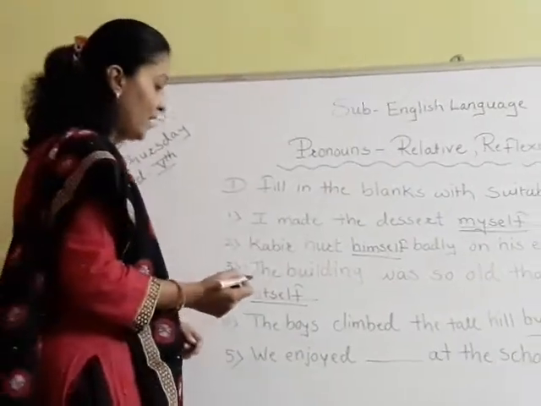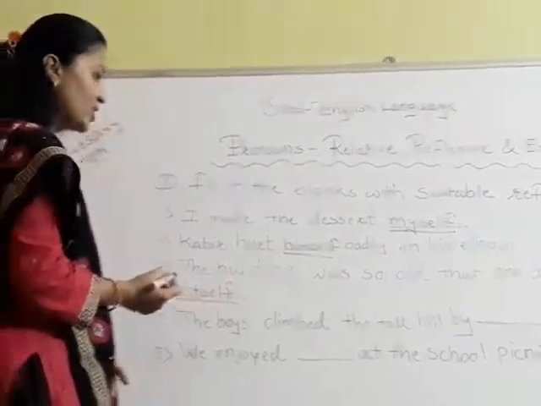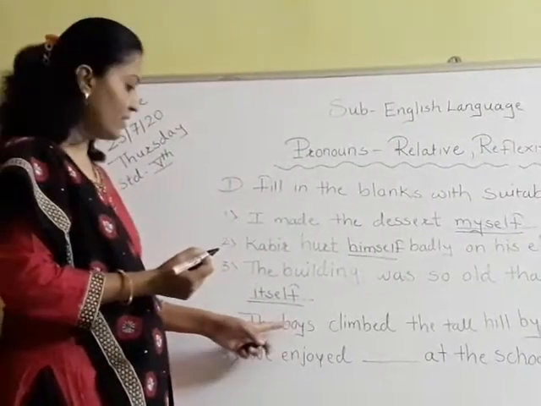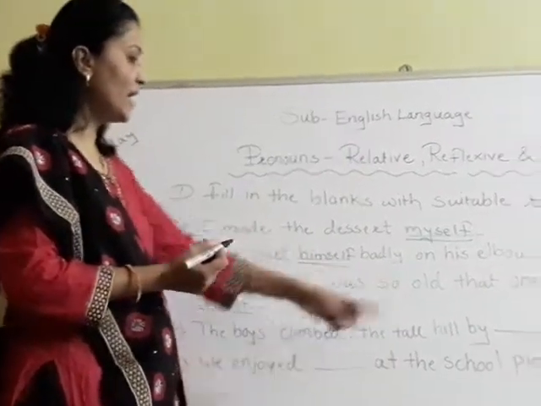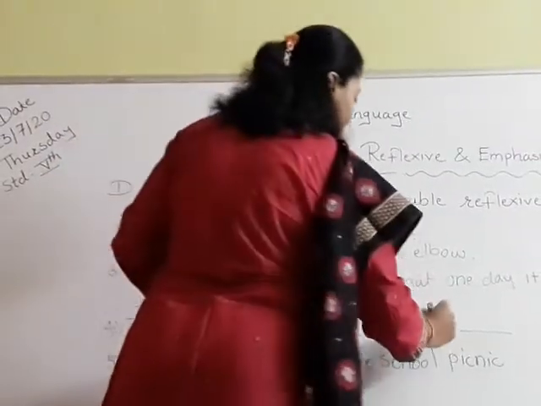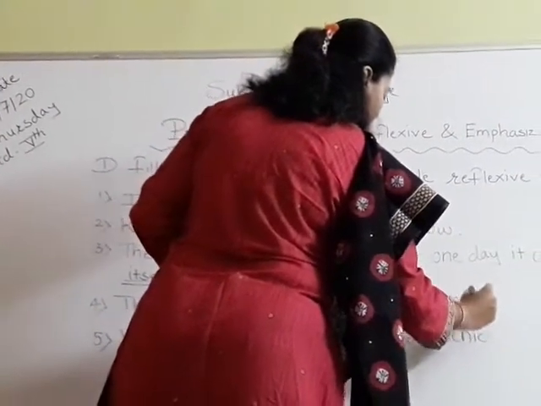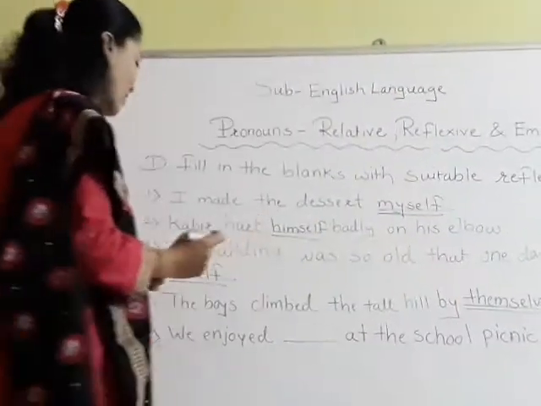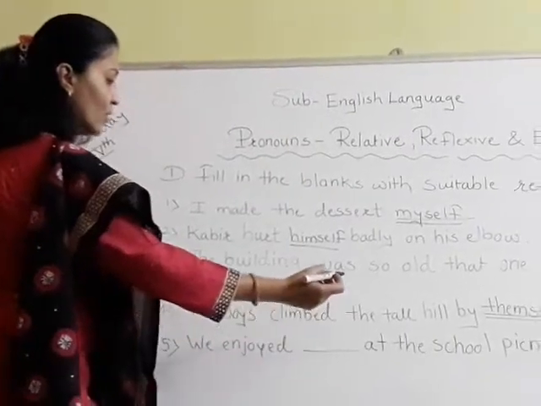The boys climbed the tall hill by dash dash. Now here boys is given, so many boys are there. Boys climbed the tall hill by themselves. So we will write here themselves. That is our answer, themselves. Now next: we enjoyed dash dash at the school picnic.